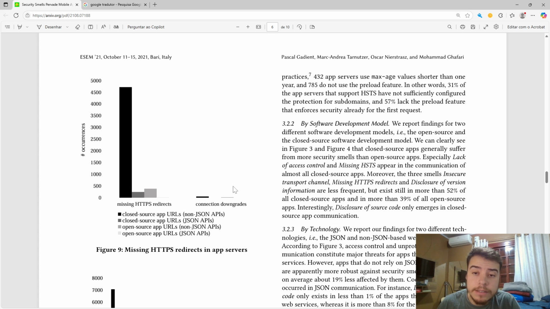We can see that this repeats in the graphics, and we see that the open source apps' URLs, non-JSON APIs, are normally higher than the closed source apps' URLs, JSON APIs. So the non-JSON APIs were normally more affected, and we can see this with the graphic information.